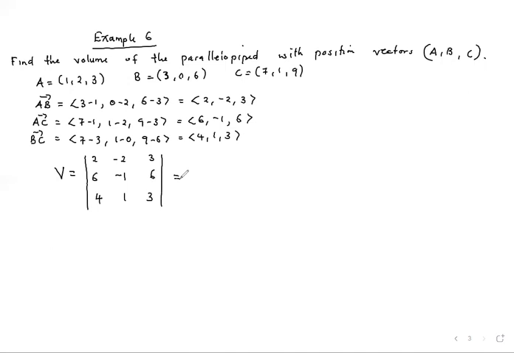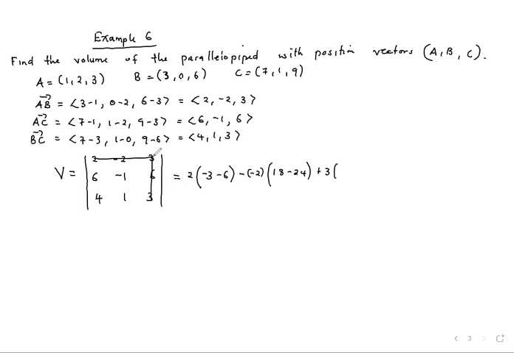If you pick the first row, you have 2, cut here, so negative 3 minus 6, and then minus negative 2, cut here, you get 18 minus 24. When you multiply inside, you have 18 minus 24, and then plus 3, cut here.